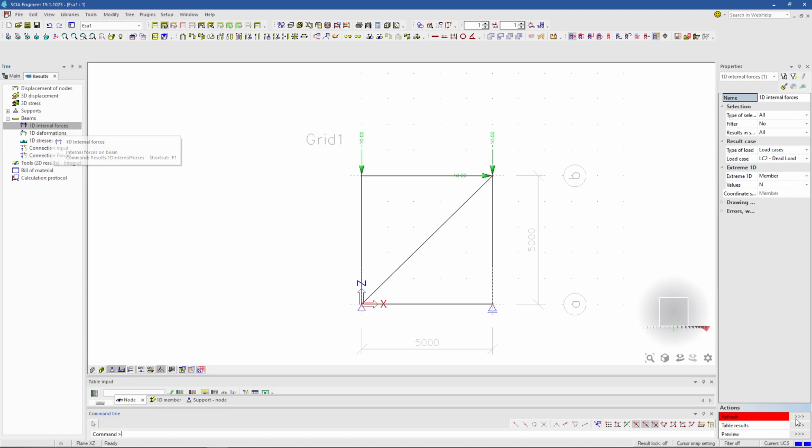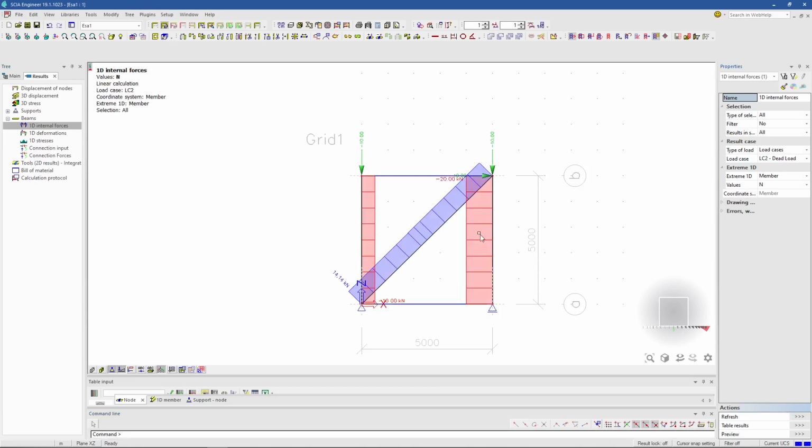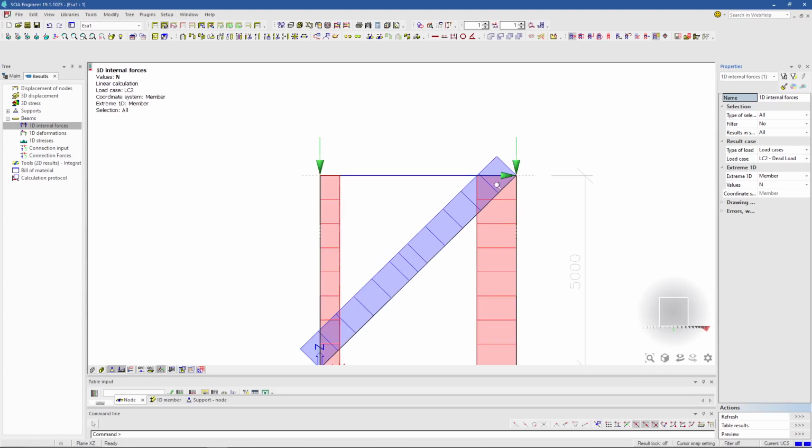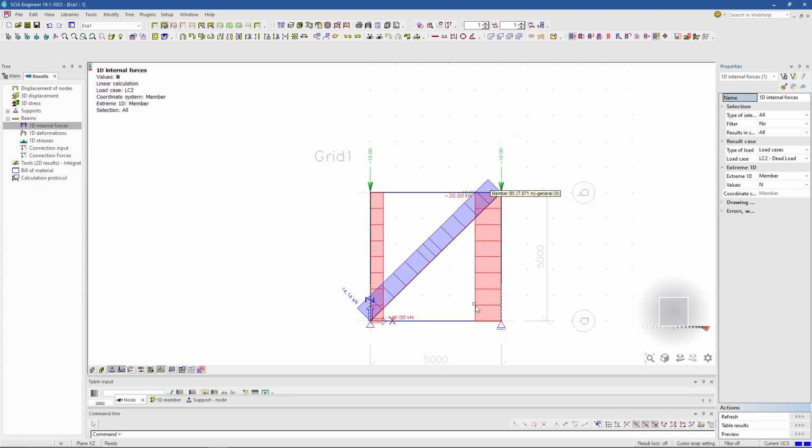With the members, we'll look at those in compression and those in tension. So this in red are in compression. This is basically easy to know.